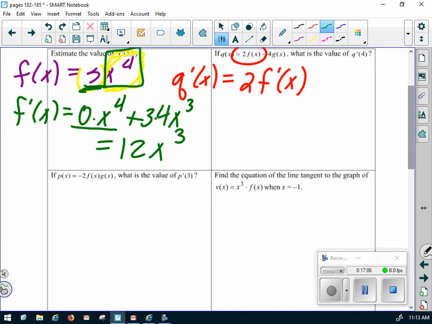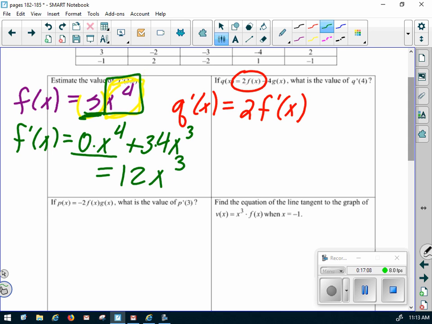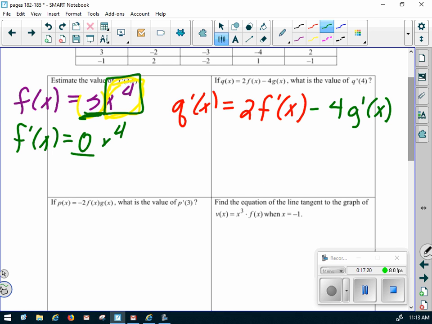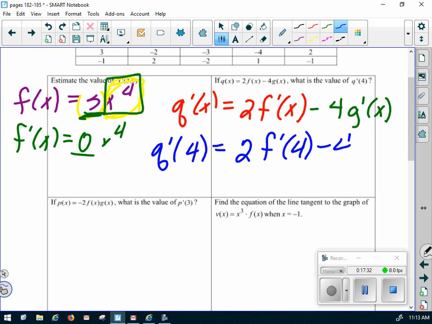All right, finish this one. What's the derivative of the rest of this thing? That's right, minus 4g prime of x. That's it. So what is q prime of 4? Well, it's 2 times f prime of 4 minus 4 times g prime of 4.